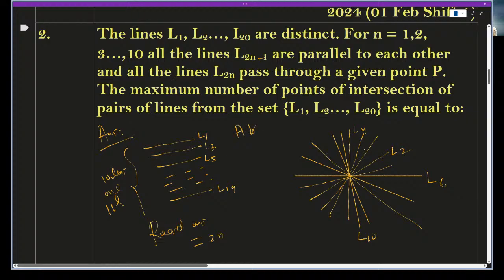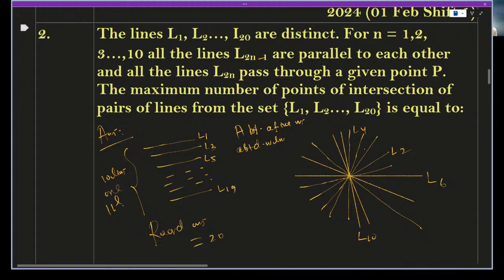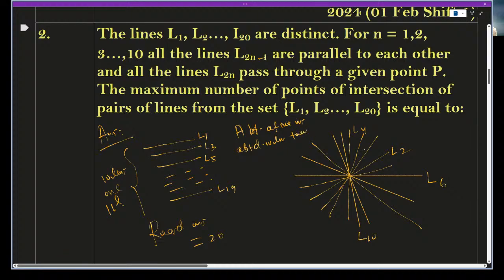A point of intersection is obtained when two lines intersect. So 20C2 are expected. Out of these, you haven't got 10C2, the parallel ones.